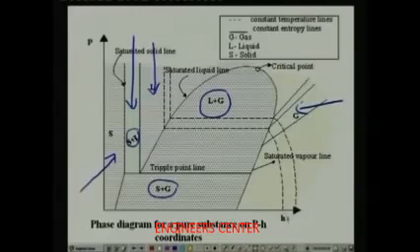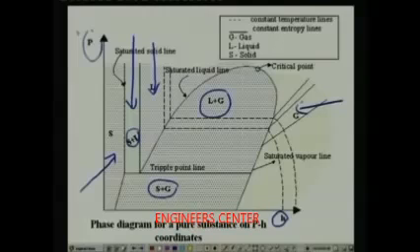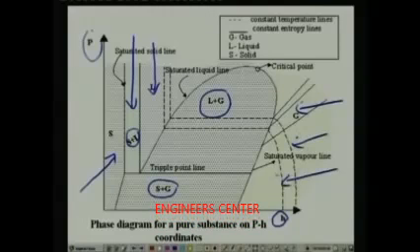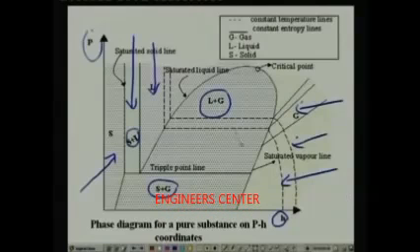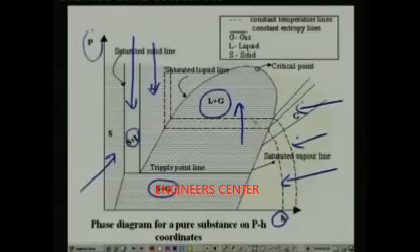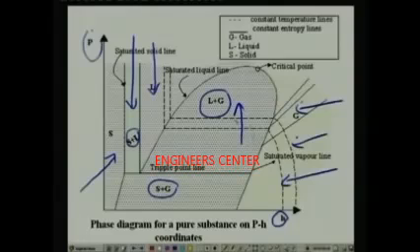That means we have H on the x-axis and P on the y-axis, and these lines show the isotherms. That means constant temperature lines, and the temperature increases in this direction. That means this temperature is greater than this temperature, and you can see that in the liquid region the constant temperature line is almost vertical, and it remains horizontal in the liquid plus gas region.